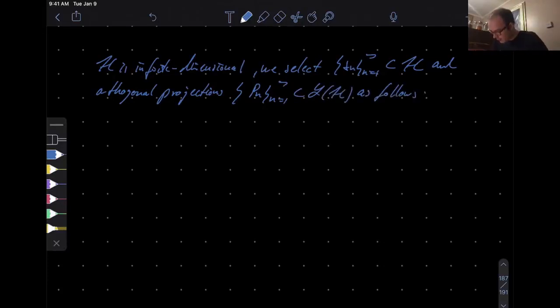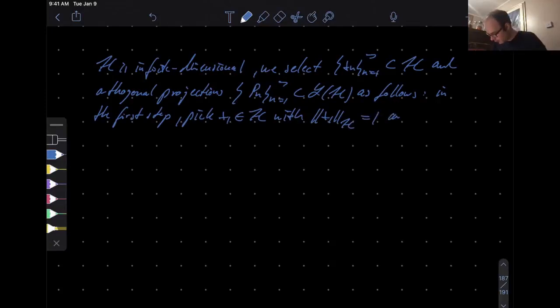That's quite a remarkable construction. The first time I read it, I found it quite neat. So in the first step, we've got to start somewhere. Just pick a point x1, normalized, so it shouldn't be 0, and pick it in such a way that the norm of T x1 in Y is at least a half of the operator norm of T. This is certainly possible.